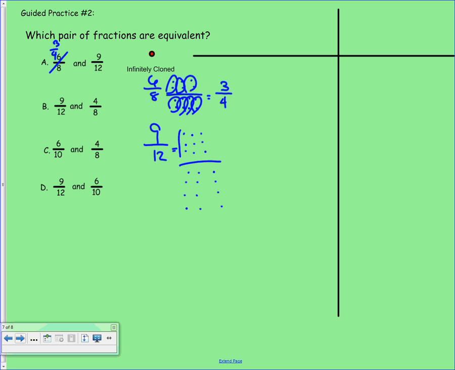Okay, groups of 3. 1, 2, 3. 1, 2, 3, 4. 3/4. Hey, guess what? That equals 3/4. Because this is a video, I'm going to stop there. If I was doing this on an actual test, I'd get nervous because my first answer was correct, and I'd want to go verify the other ones. So, our answer is A.